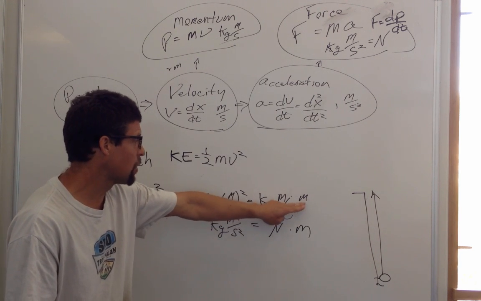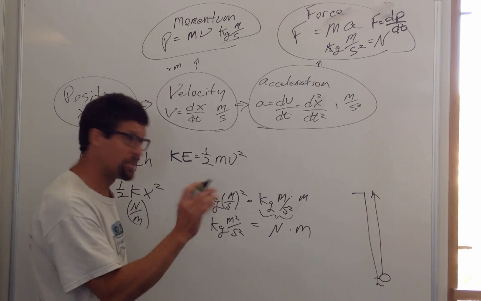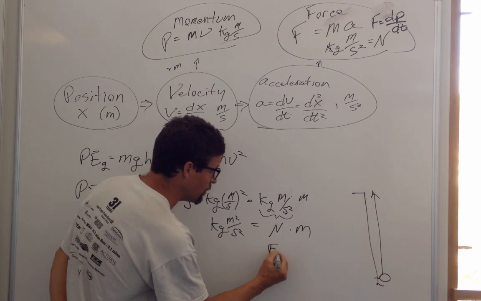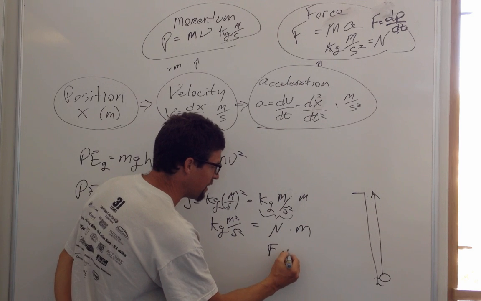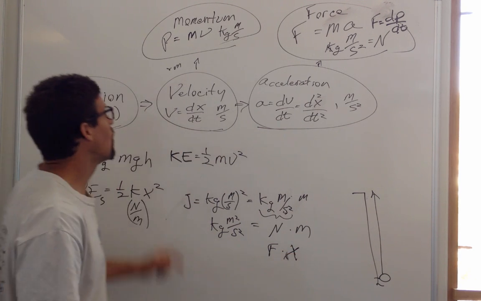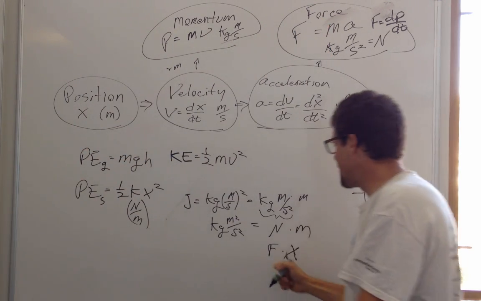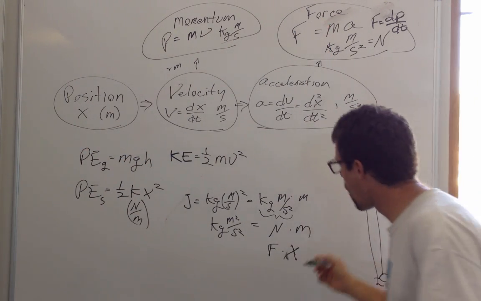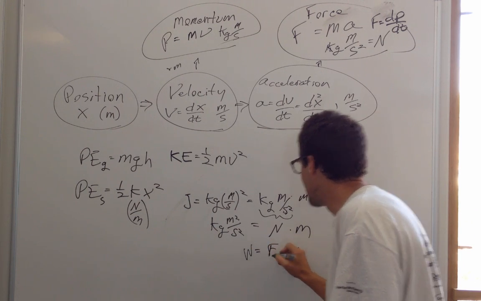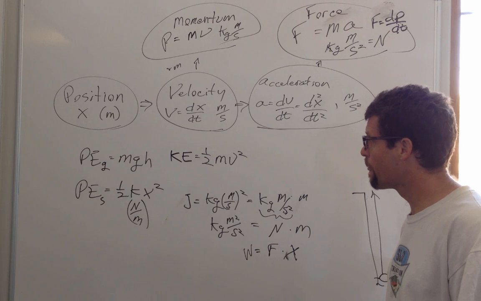Kilogram meters per second squared times meter is kilogram meters squared per second squared. But also, this is interesting, because this is a unit of force, and this is a unit of distance, right? And so, with a force over a distance, you can be giving energy to something. Of course, work is equal to force times distance, so the unit should work too.